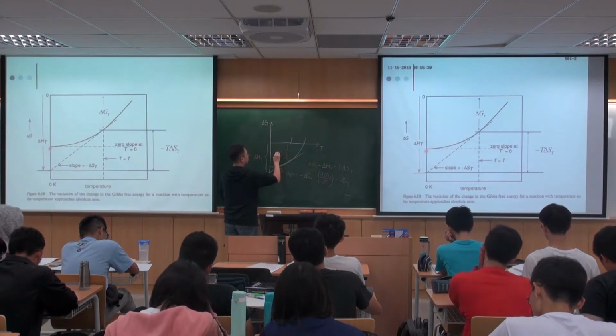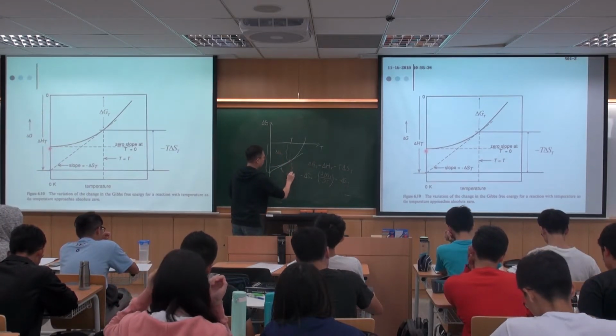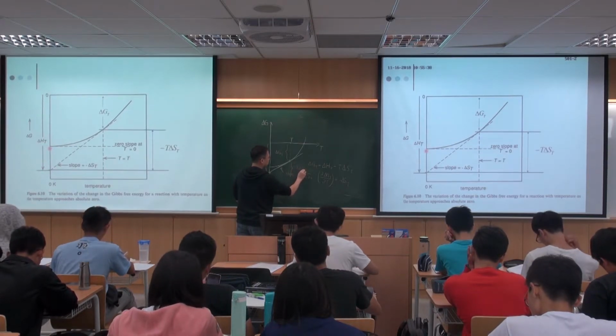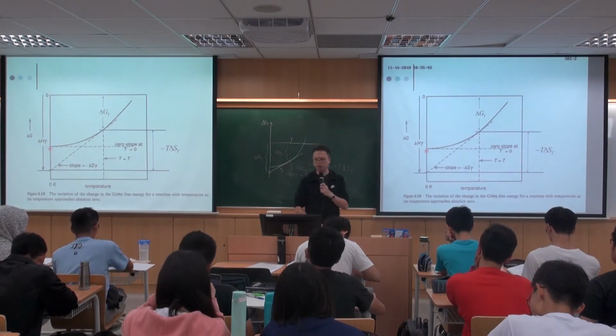So here is delta G at this temperature, and here you have the minus T delta S(T). I think this is much easier to understand using this plot.